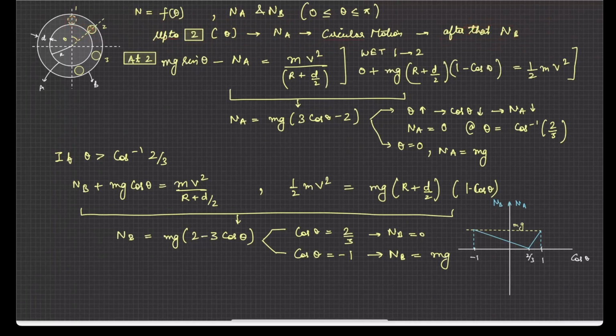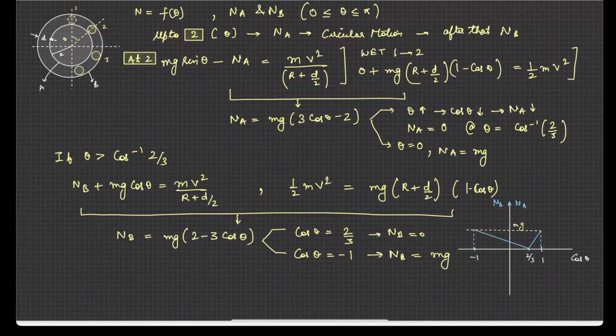Okay, at this point Na will get 0, so we'll apply the second law at this point. So here what will happen, this will be mg, and this will be mg cos theta here, so it is not sin theta.